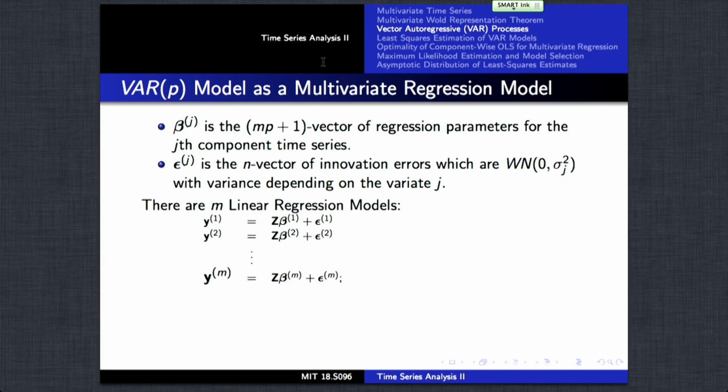All right, so I'm using now a notation where superscript j corresponds to the jth component of the series of the multivariate stochastic process. So we have an mp plus 1 vector of regression parameters for each series j, and we have an epsilon j, an n vector of innovation errors for each series.